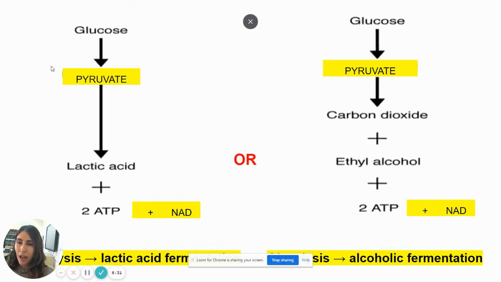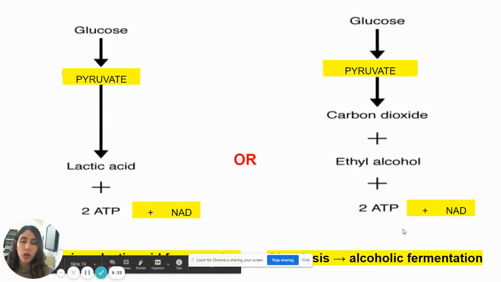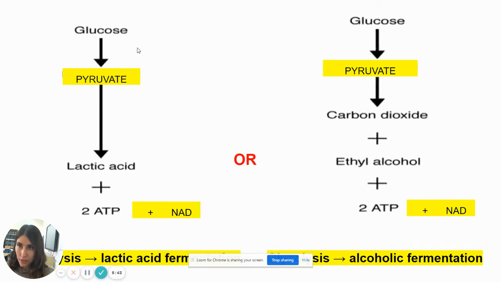So here I just have a general review of the two types of fermentation. Again, we begin with glucose, which gets converted into pyruvate in both scenarios. And this is happening during glycolysis. Glycolysis is the process that breaks down glucose into pyruvate. And then if lactic acid fermentation takes place, we will produce lactic acid.